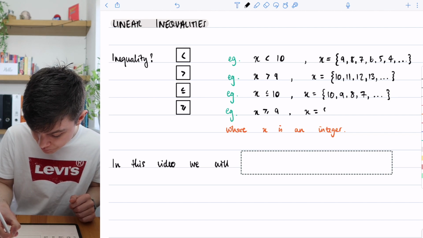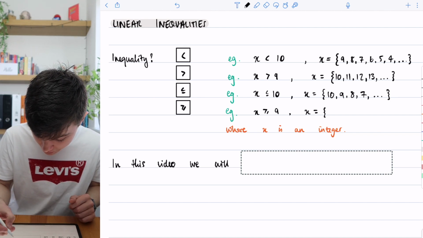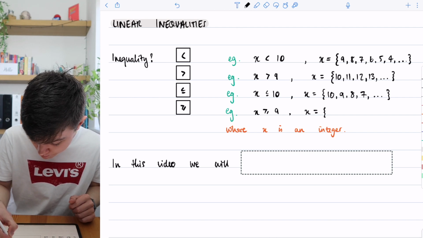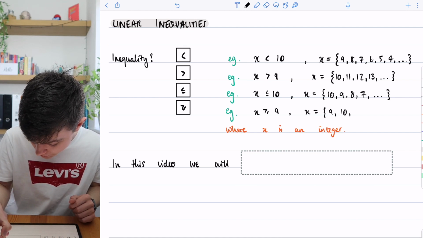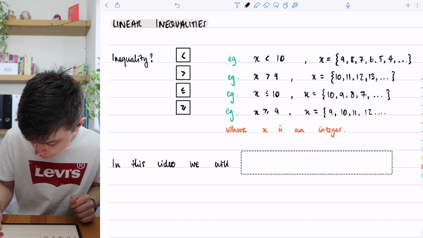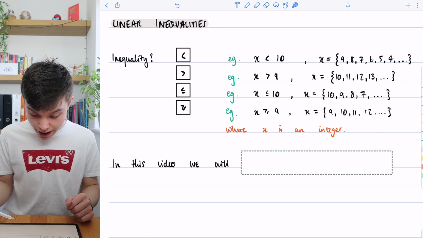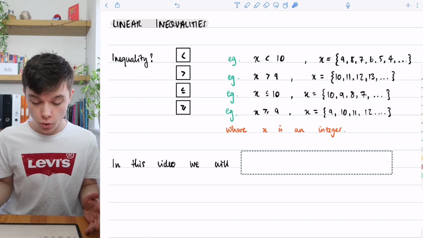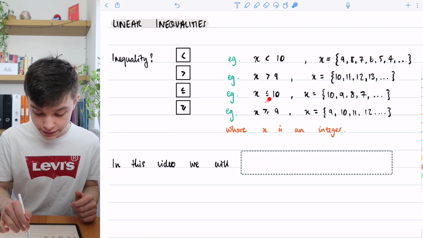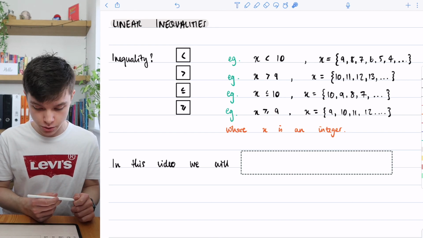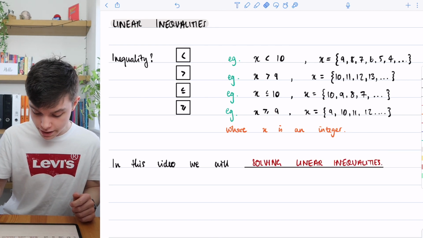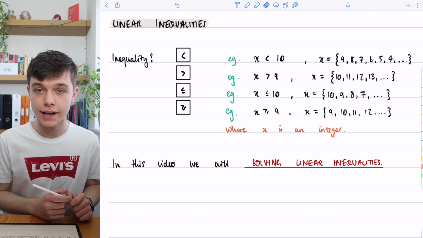That can be 9, 10, 11, 12, and so on, okay? So those are our four inequalities: less than, greater than, less than or equal to, and greater than or equal to. Now in this video, we're going to have a look at solving linear inequalities.